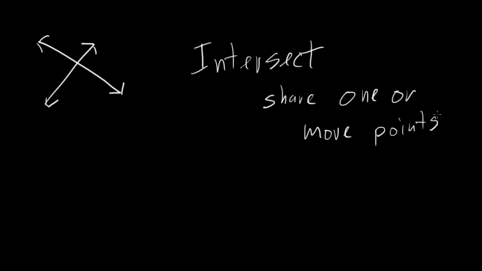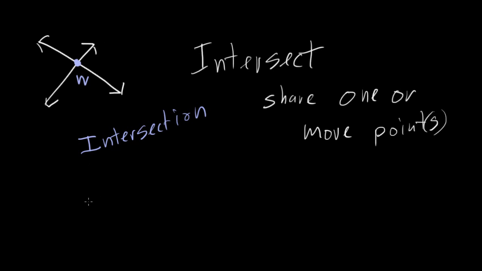One or more points. Okay? And those points that they share, in this case it's just that one, maybe point W, that is called the intersection. When two lines intersect, they intersect at a point.